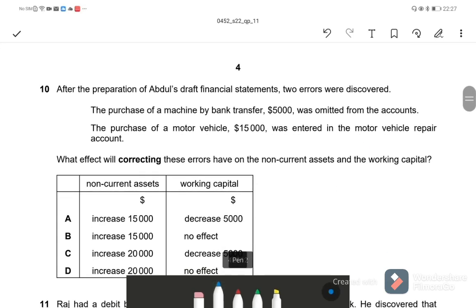Question number 10. After the preparation of Abdul's financial statements, two errors were discovered. The first one, the purchase of a machine by bank transfer, 5,000, was omitted from the accounts.